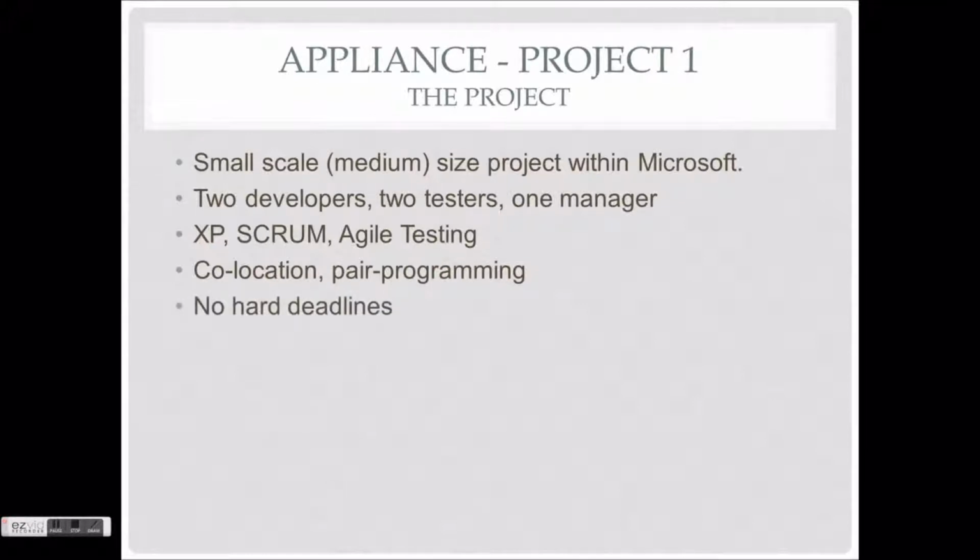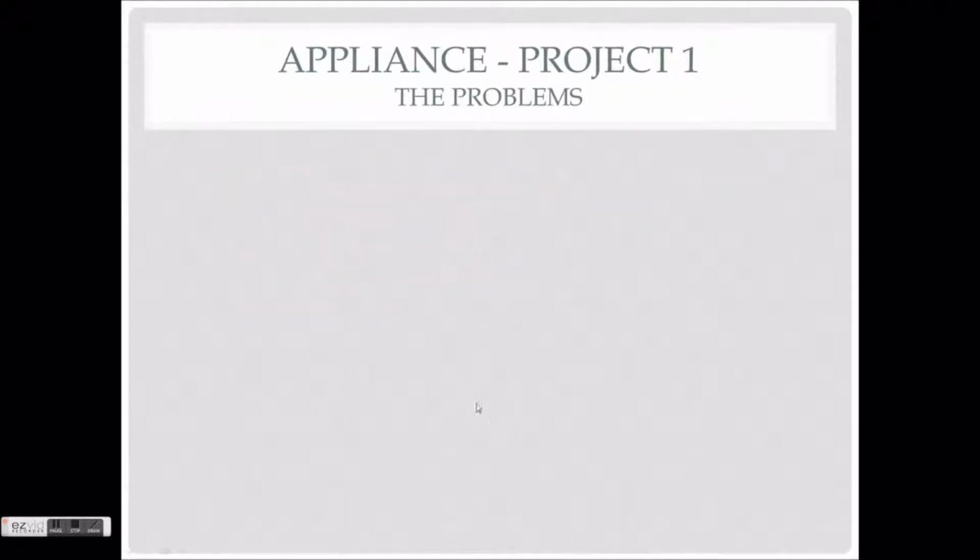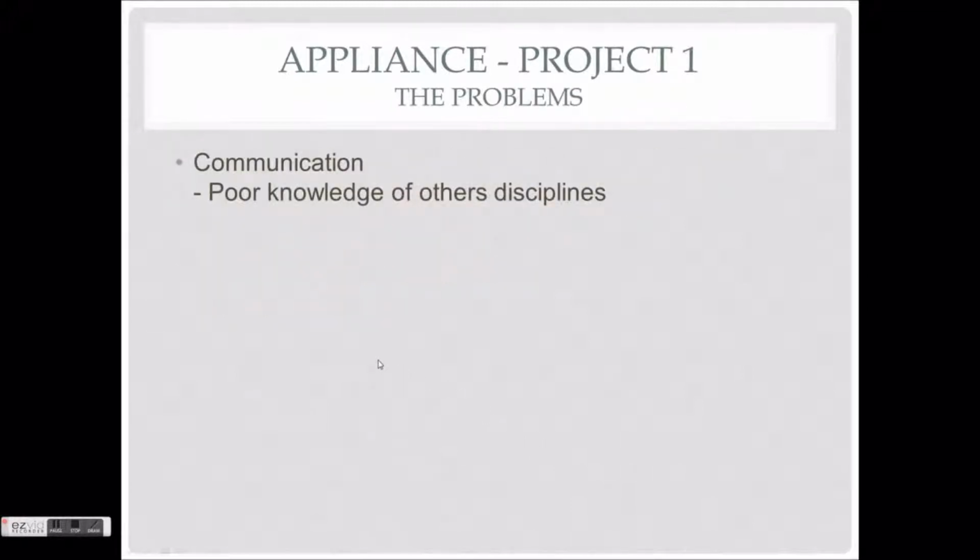This was sort of an experiment within this part of Microsoft, because they were the first project to try to apply these agile methods. It was back in 2006, I believe. So they had no really hard deadlines and were considered an experiment.